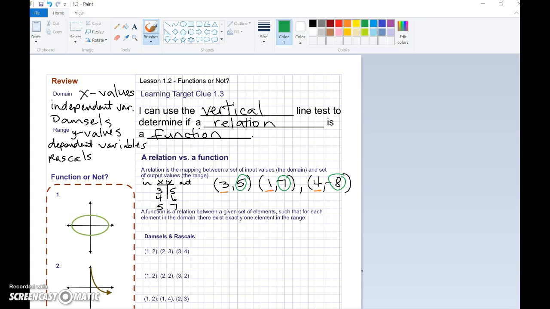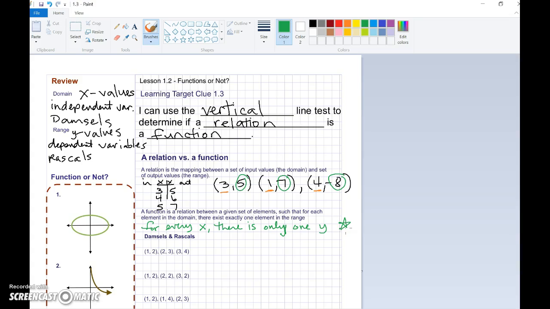And the way that we can say that in an easier way is to say, for every x, there is only one y. For every x, there is only one y. That's important. You're going to want to remember that. For every x, there is only one y.